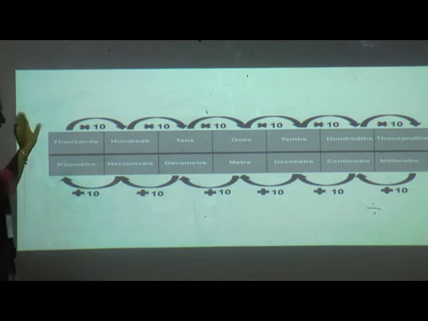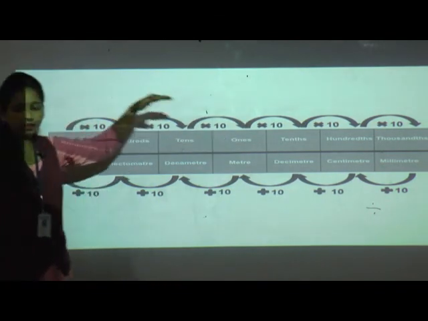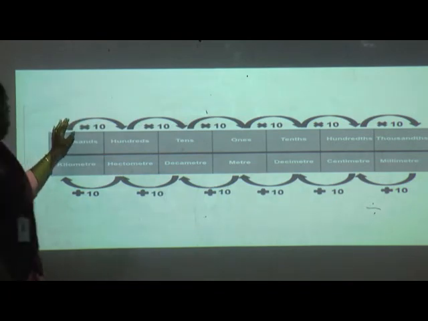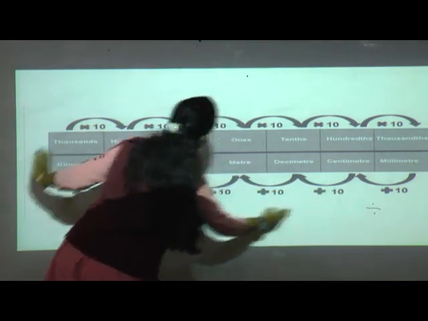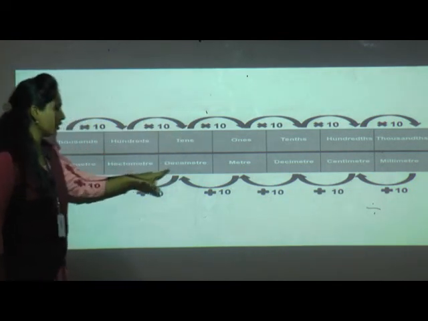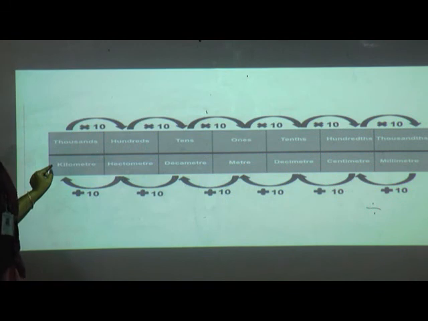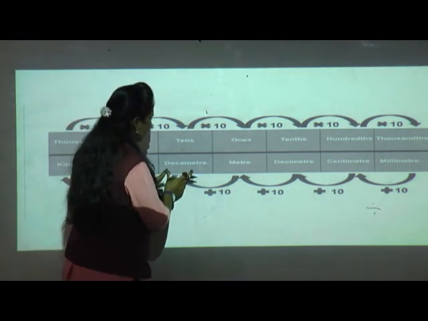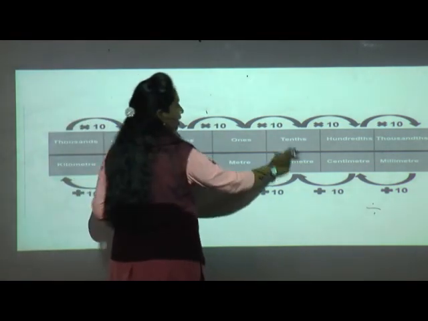Now together I have taken. See, going from higher to lowest, go with multiply, and when you are coming from the lowest unit to the highest unit, we have to do the division, and these are the place values of these units. Clear? See, for example, decameter you need to convert into decimeter.